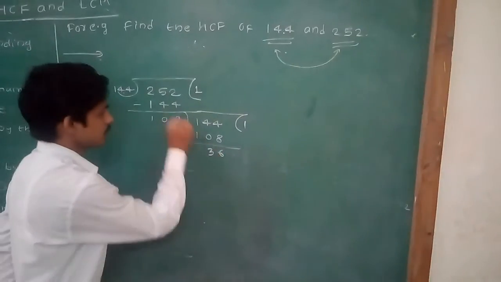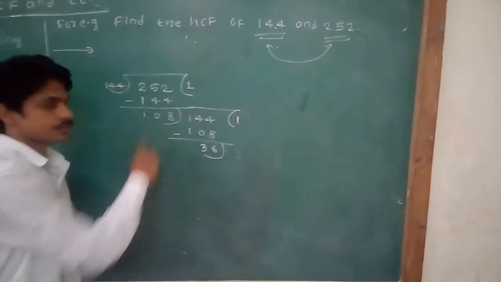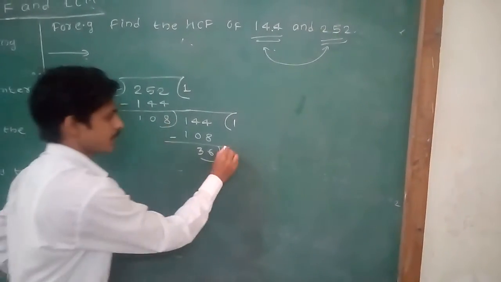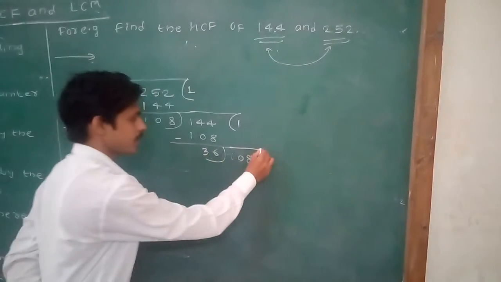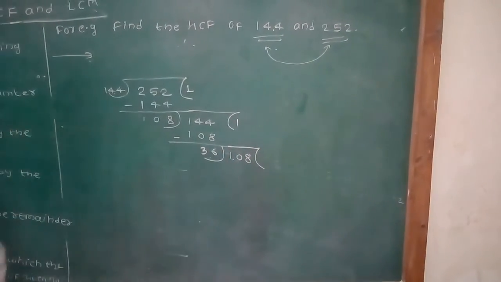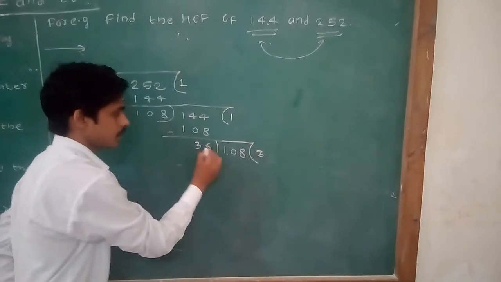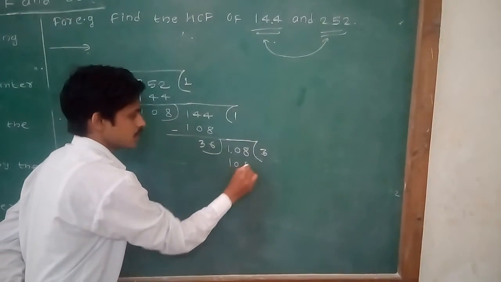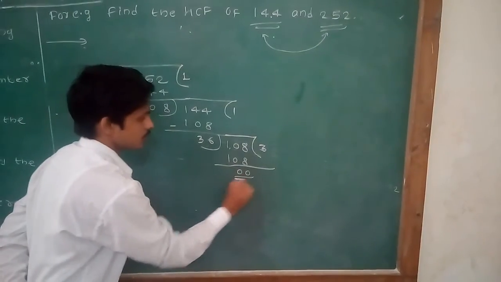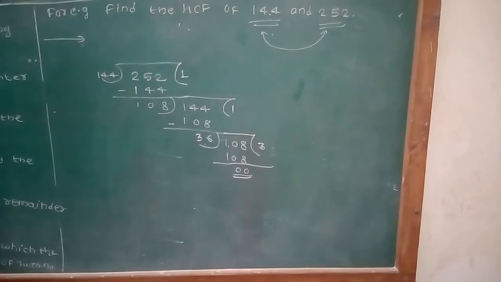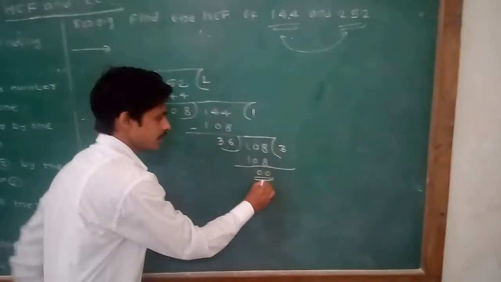So of these two numbers, the bigger number is 108. We write 108 here. 108 divided by 36, we get 3 here, and we get remainder 0. We followed all these steps in this problem. We get remainder 0.